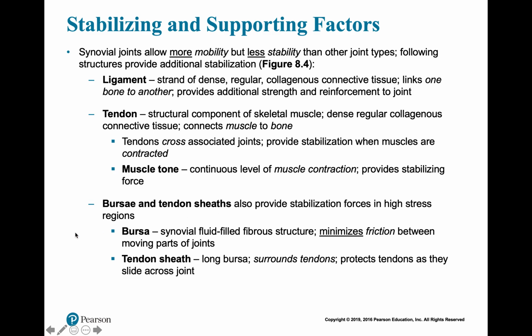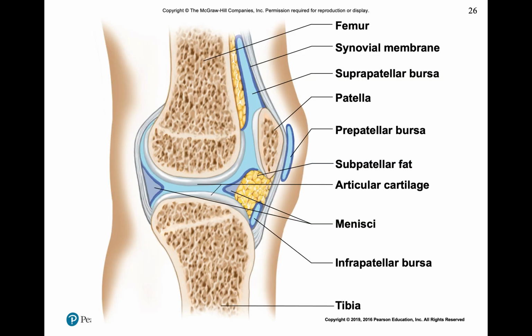Bursae and tendon sheath. So when I talk about what bursae are, I'm also going to talk about menisci, which surprisingly this book doesn't have, and then tendon sheaths. But I'm going to go to pictures to show you this. Here, I stole this image from another book. This is a knee joint, and the knee joint is incredibly important.